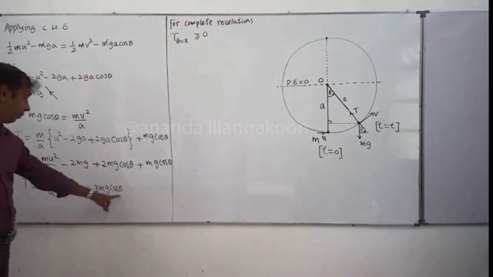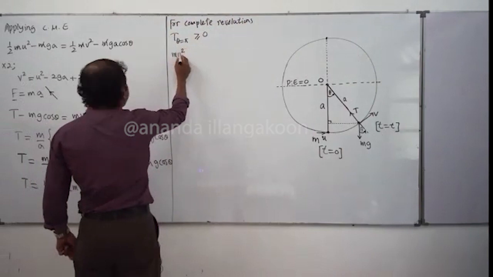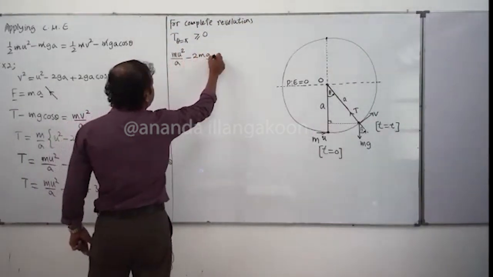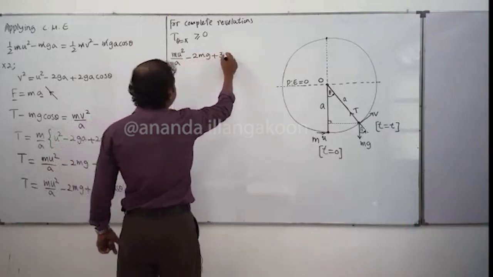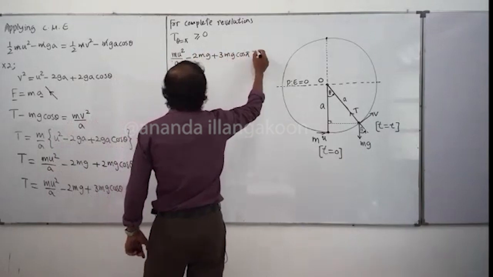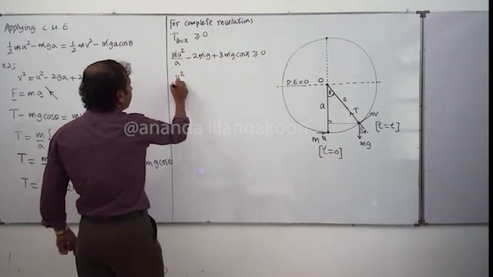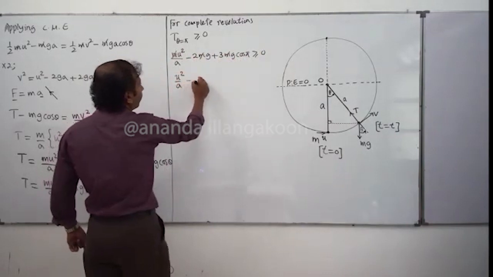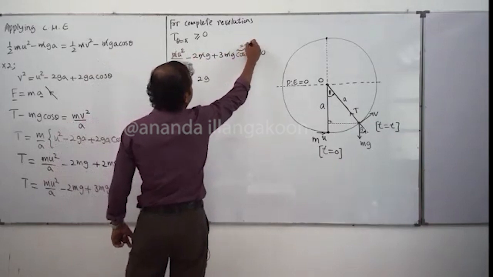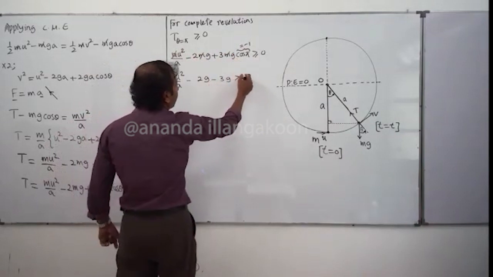Put pi here. mu squared by a minus 2mg plus 3mg cos pi greater than or equal to 0. m can cancel now. u squared by a, here cos pi is minus 1, then minus 3g greater than or equal to 0.